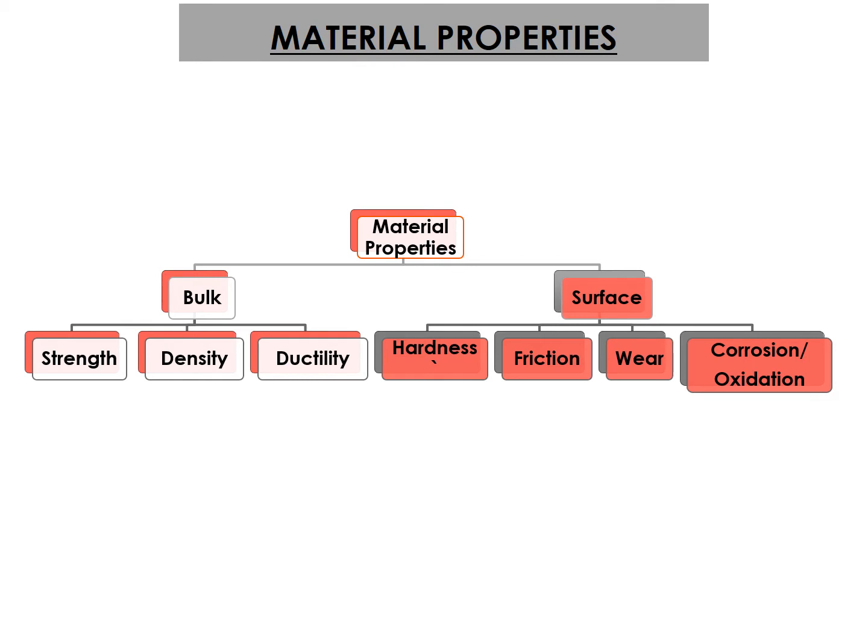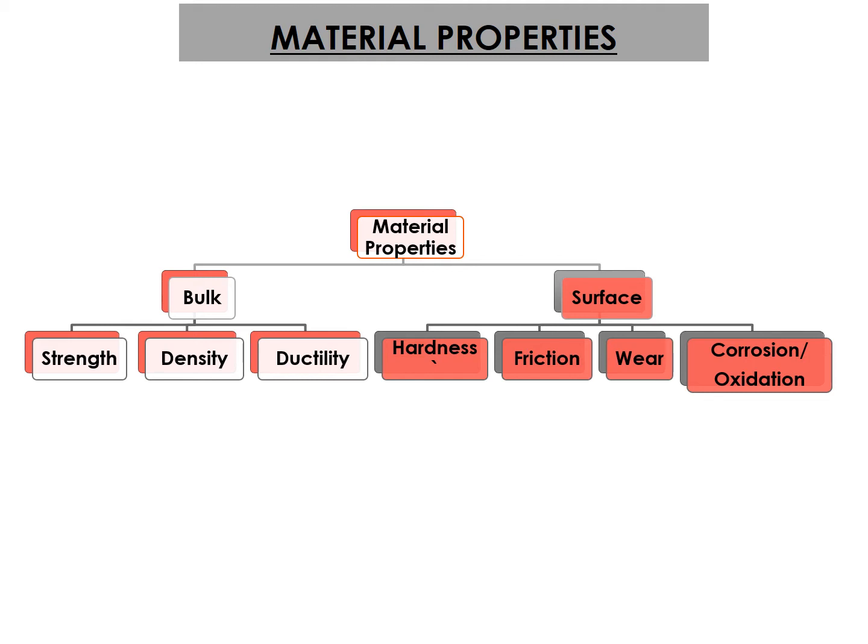Most of the metals are ductile materials. As an example, copper is ductile, silver, gold, samarium. These are ductile materials. Opposite to ductility, we have brittleness also. This is just to give an idea. So these are the properties of the bulk material, of the whole material.